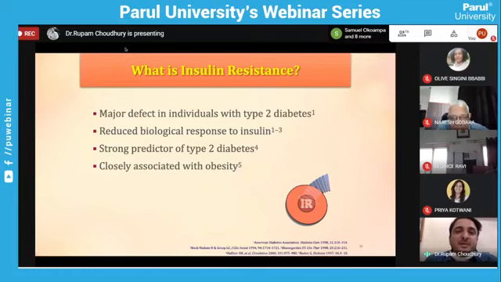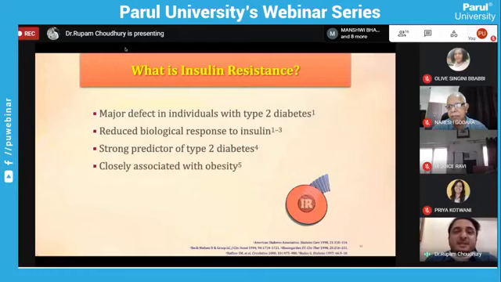When you have insulin resistance, all those receptors are actually closed. Insulin cannot open those receptor gates, and the glucose cannot pass inside the cell to produce energy. We know that we need glucose to be used in our Krebs cycle, the TCA cycle, to produce ATP, adenosine triphosphate, which is the unit of energy.